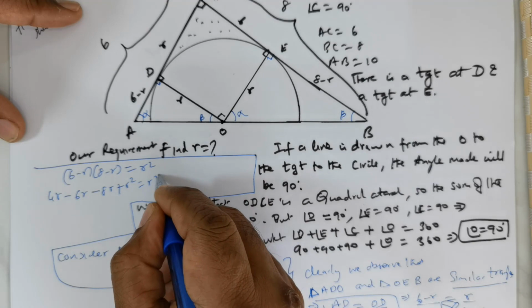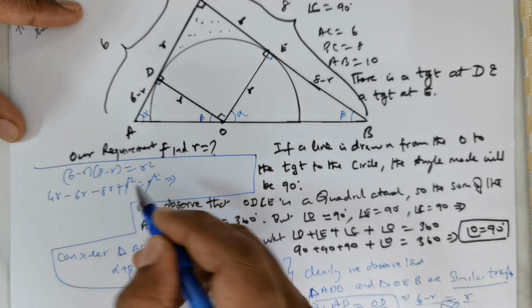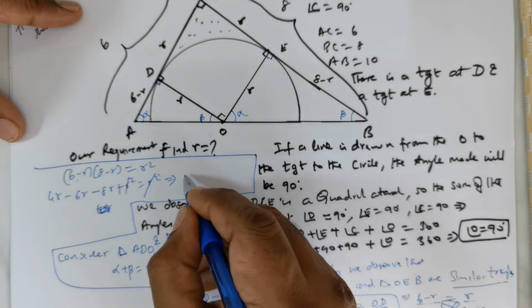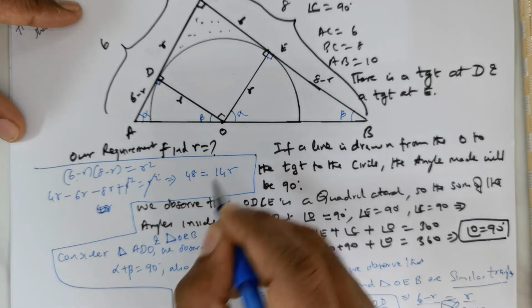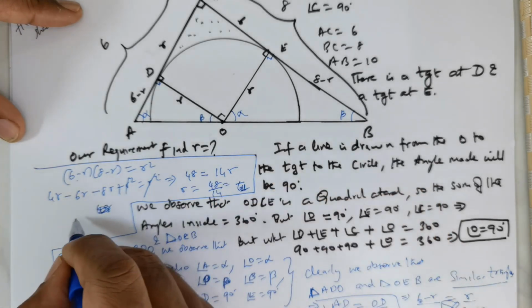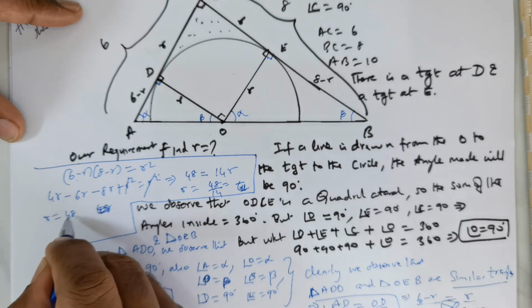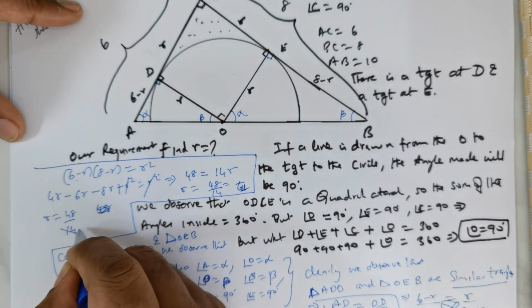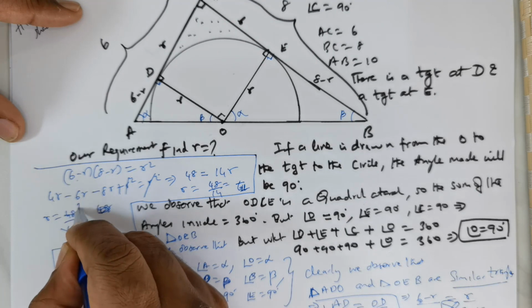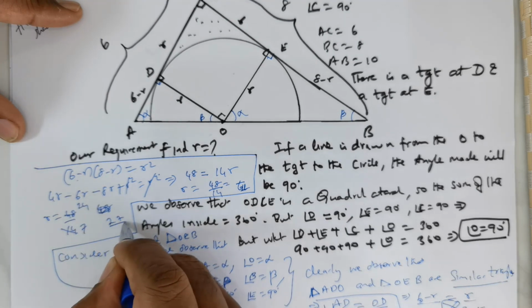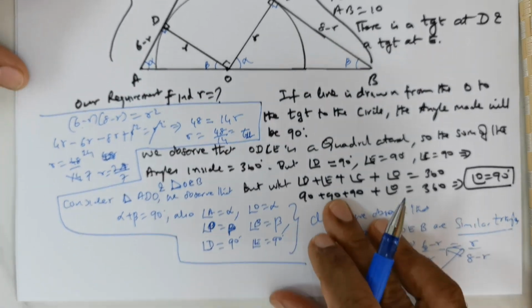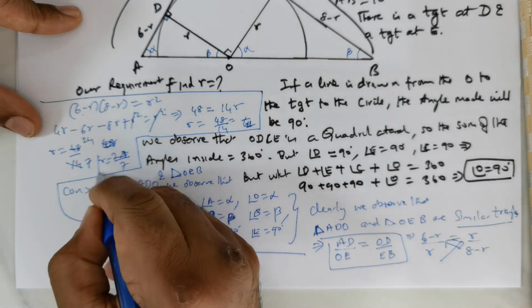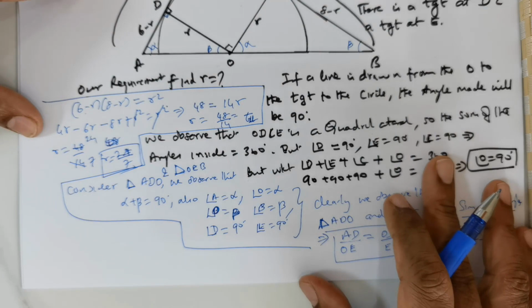So R squared can be cancelled. So I can rewrite this as 48 is equal to 14R. So R is equal to 48 divided by 14. 2 divides here 7 times, 2 divides here 24 times. So you get 24 over 7. This is equal to R. So this is the value for R.